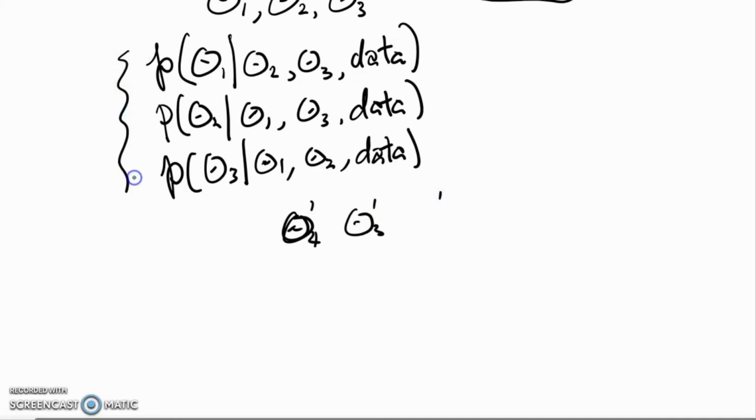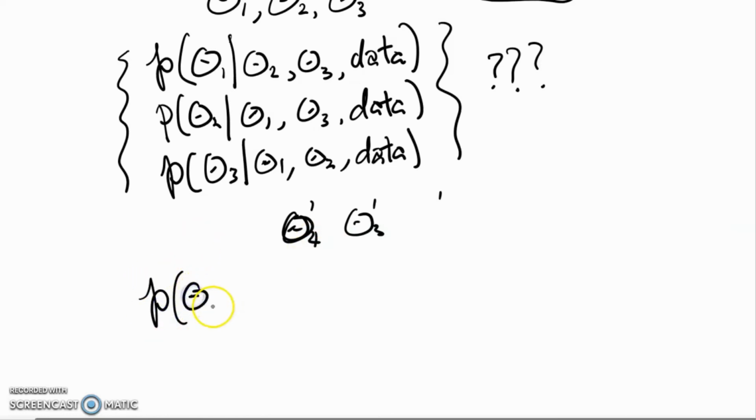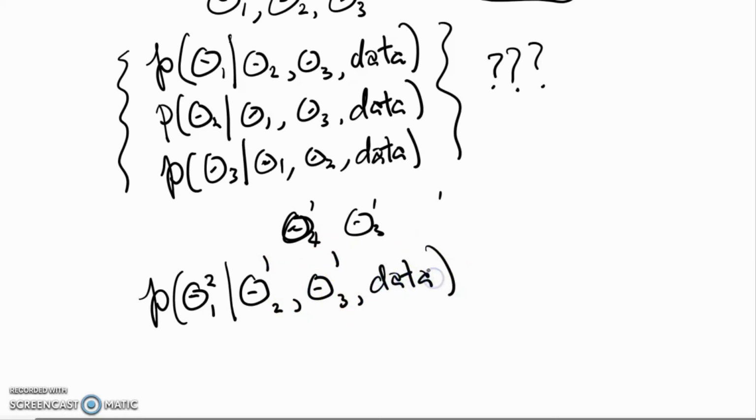And as long as we can know these conditional distributions, and how we know these, I must confess, is a bit of a mystery to me, but assuming that we knew these, then what we'd be able to do is calculate the probability of some new value of theta 1 given the initial values of theta 2, theta 3, and the data.